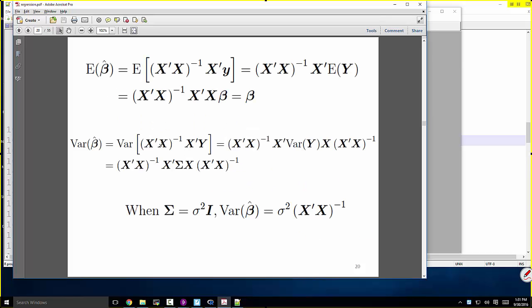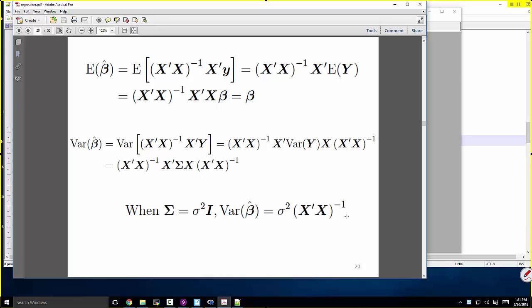So the variance of this mess, these are constants as far as we're concerned. I can pull them out front, have the variance of just y in the middle, and then the constants out on the side again, transposed. So this is the general expression of the variance of beta hat. When we have the simplifying assumptions, it gets shorter and have this simple relationship, sigma squared x transpose x inverse.